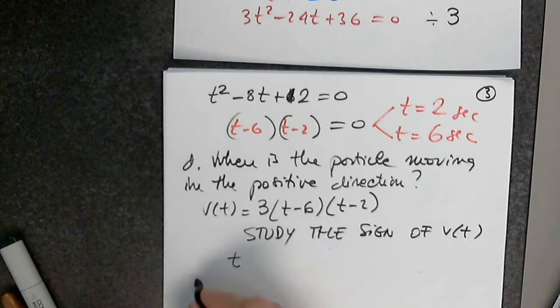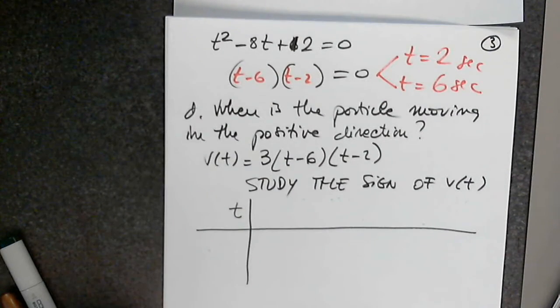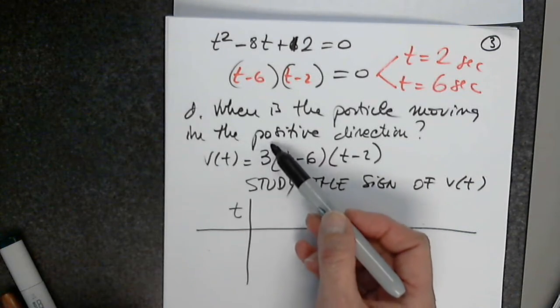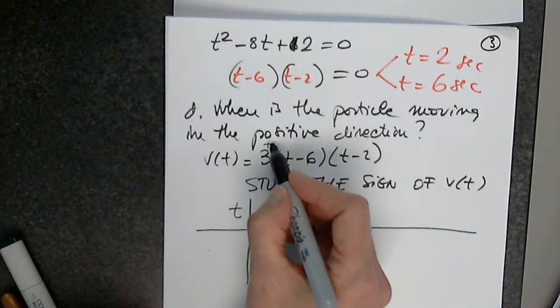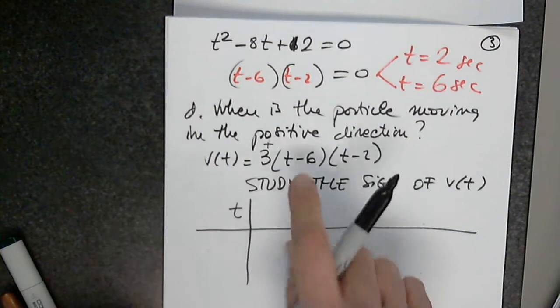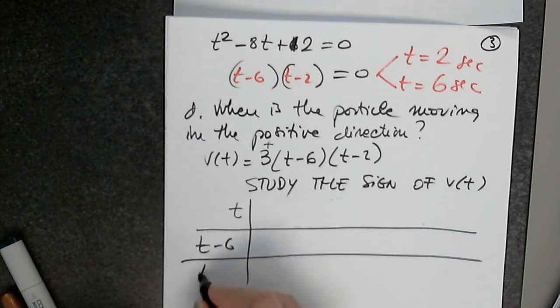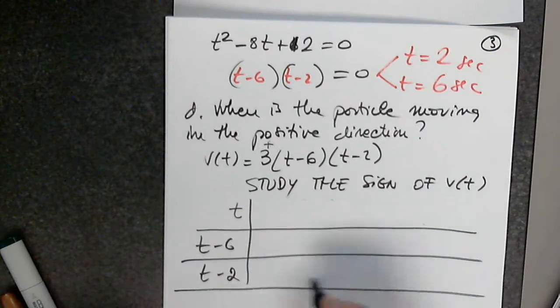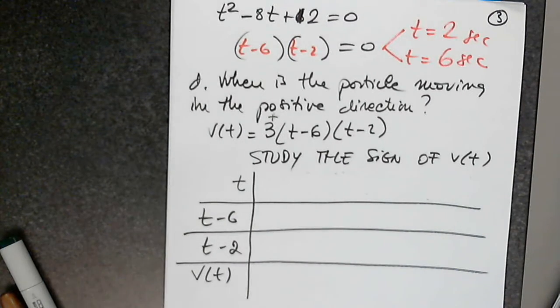Here's how I do it. There is no point in putting 3 in the study of the sign because 3 is always positive. But I have to put t minus 6. I have to put t minus 2. Then I have to put in the product, which represents the function, or just better, v of t.